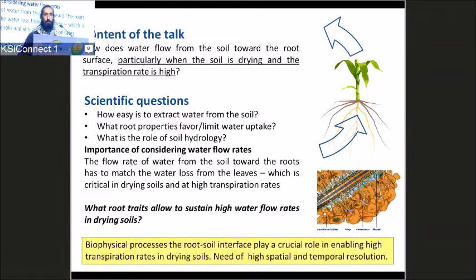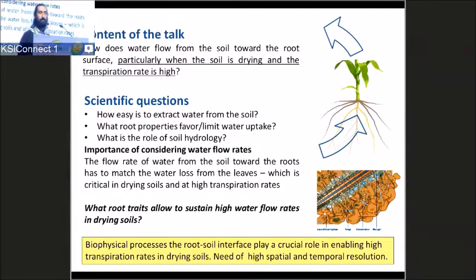And I will anticipate the conclusion of my talk a little, in case I'm late. One of the main conclusions will be that biophysical processes that happen at a very small scale in the vicinity of the root surface, and we're talking about the first millimeter around the roots, where you have root hairs, root exudates, and a lot of microbial activity.